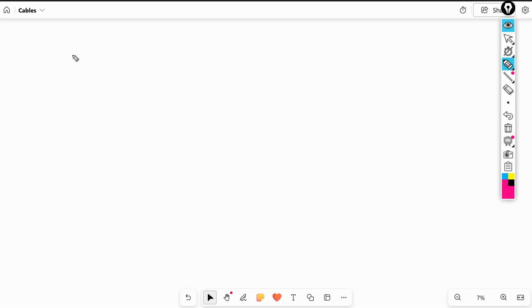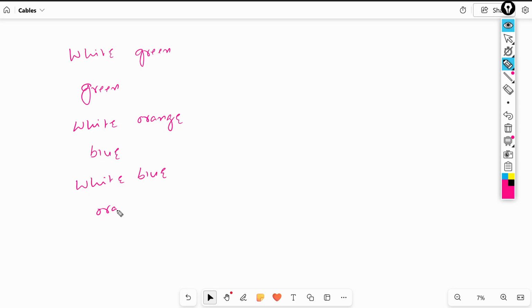The colors are white green, green, white orange, blue, white blue, orange, white brown, brown. Total 8 colors. But here we have 2 standards.